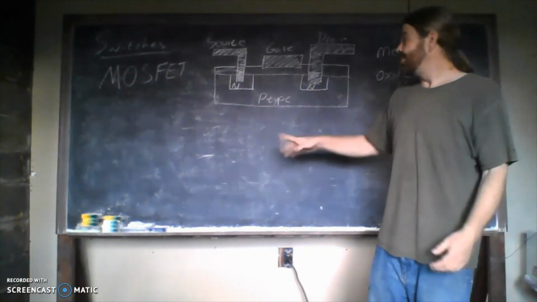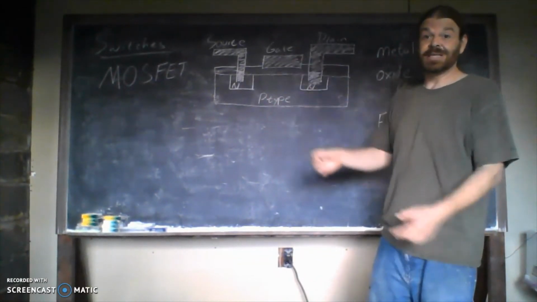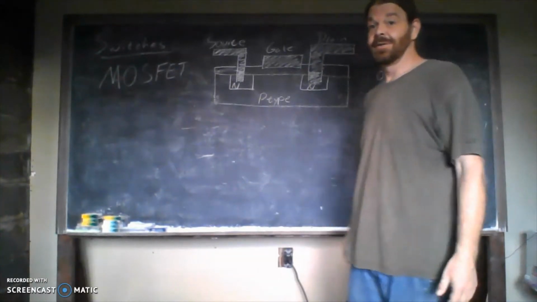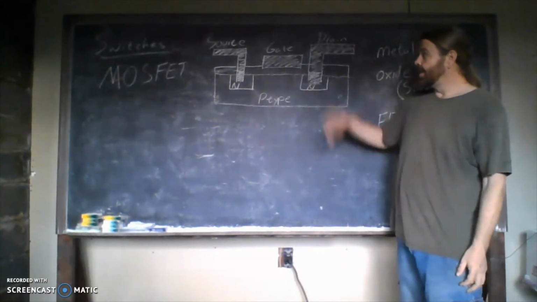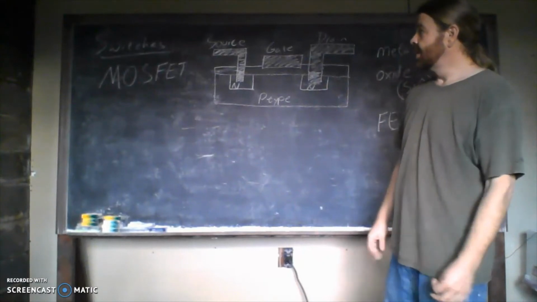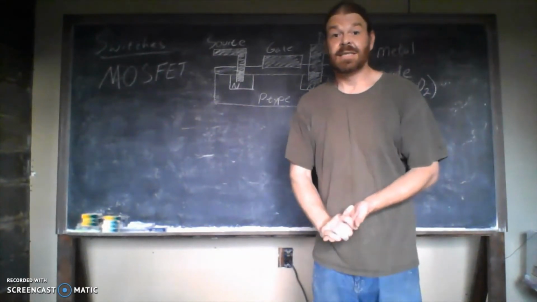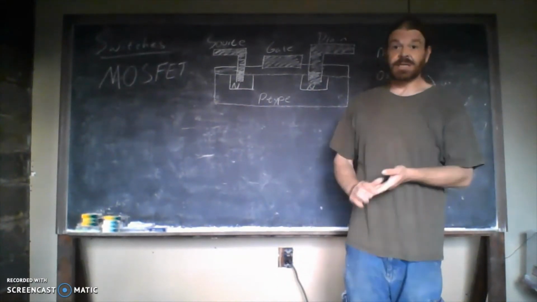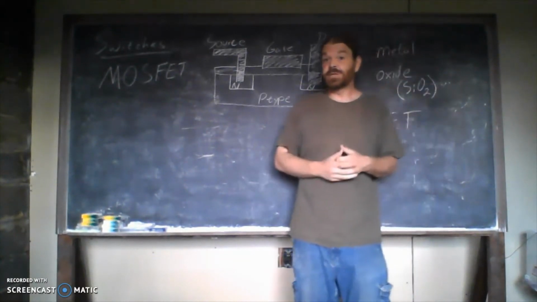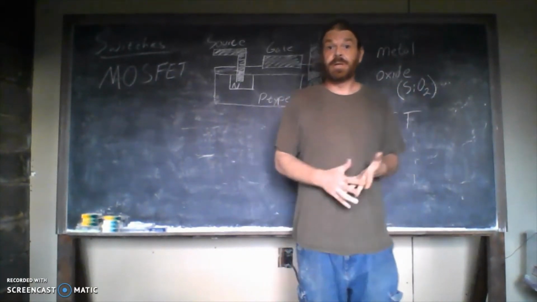So that's why we can plug millions of switches in such small areas as a CPU, using transistors and MOSFETs. And there's one more switch I want to talk about, because these are great, obviously, for computers.